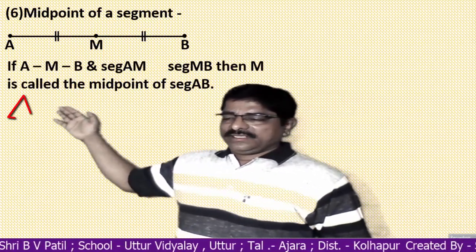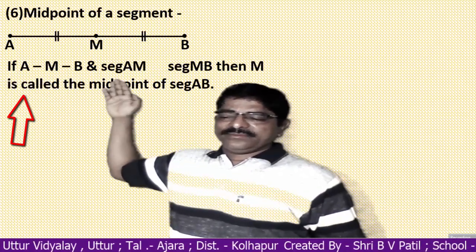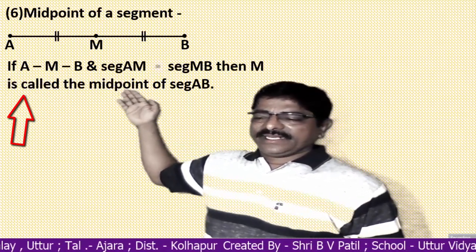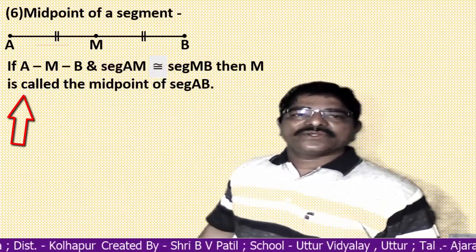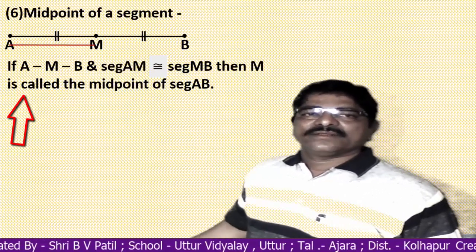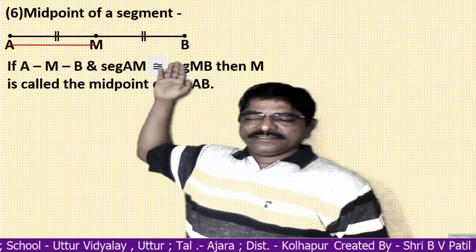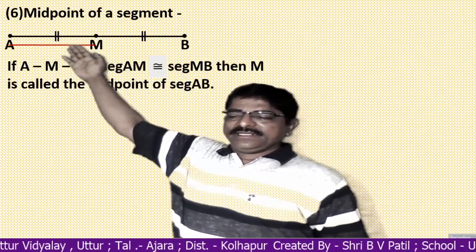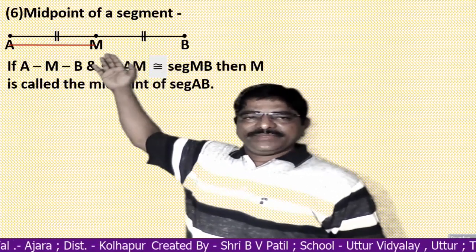If M lies between A and B and segment AM is congruent to segment MB, then M is called the midpoint of segment AB.